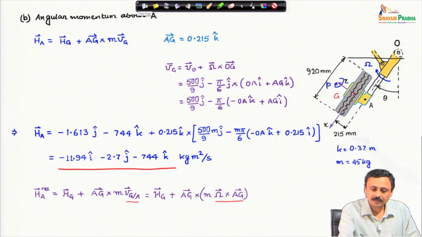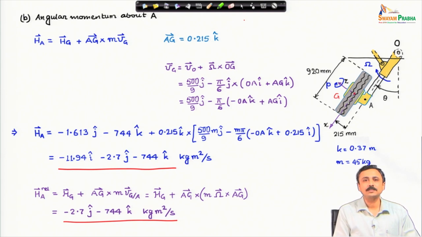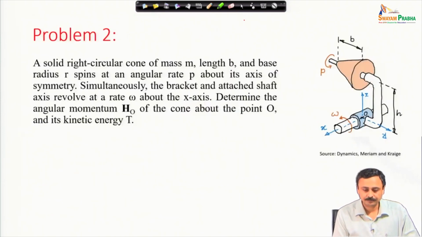If I substitute all these expressions, I get this as the relative angular momentum of the wheel about A. So, that completes this problem. Let us move to the next problem.